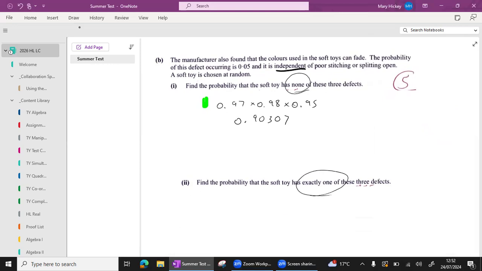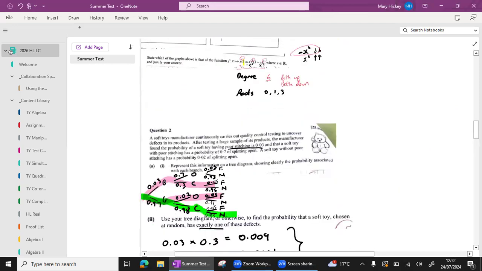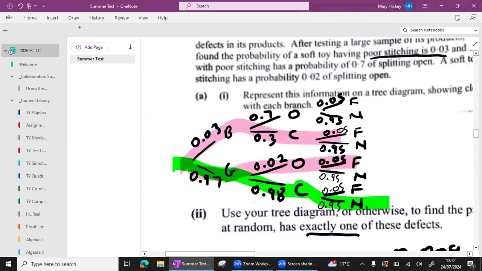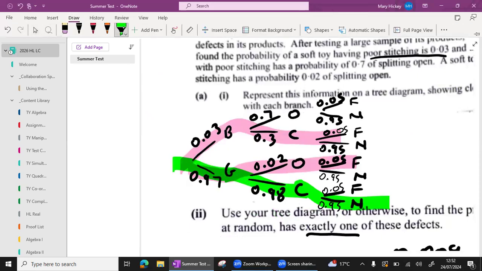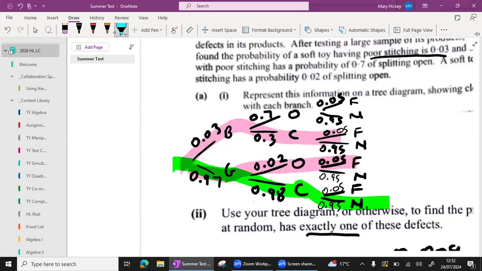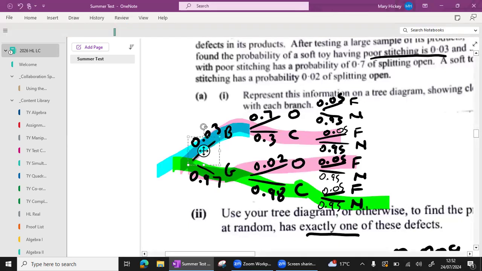So again, I'm just going to scroll back to our tree diagram. Now, exactly one. So I'm going to just change my highlighter here. We'll do blue. Right, so one defect. So bad stitching would be one, but that means it has to stay closed and there's no fading.